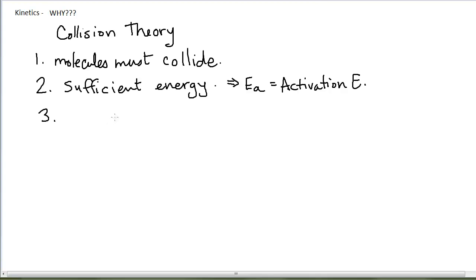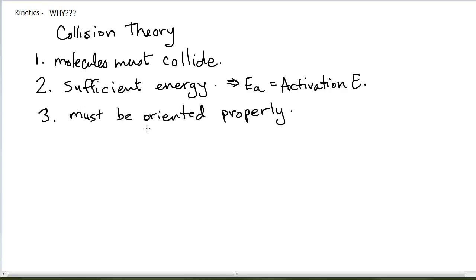Molecules have sides. One side might have a chlorine, the other side might have an oxygen. Well, if the products require the chlorine side of the molecule coming in contact with the other reactant, then the molecule has to be turned such that the chlorine does come in contact with the molecule it needs to react with. So the orientation of the molecules must be correct.